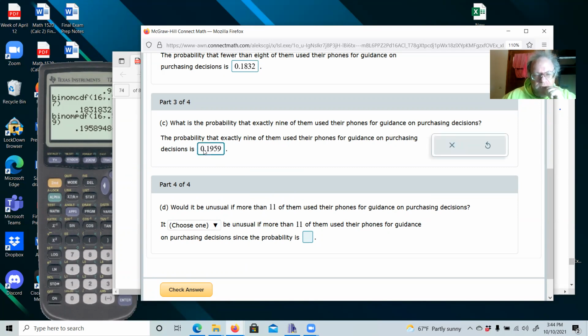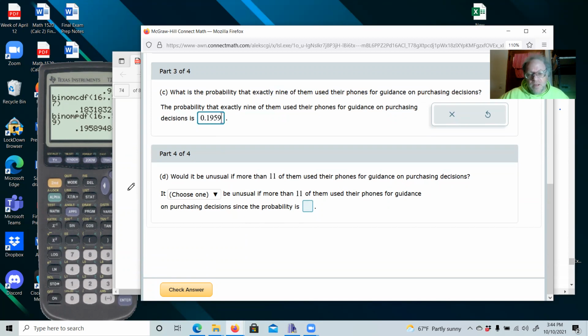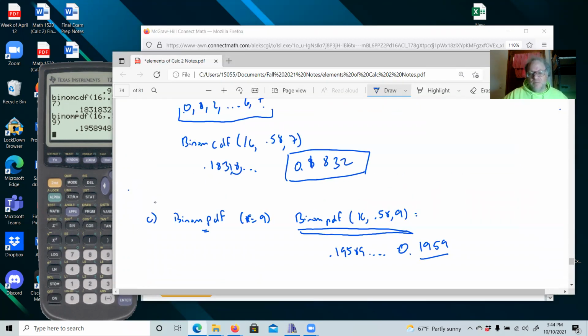1959. Would it be unusual if 11 or more use their phones for guidance? Okay, so unusual means that the probability is less than 5%. So we have to figure out what's the probability that 11 or more did this.